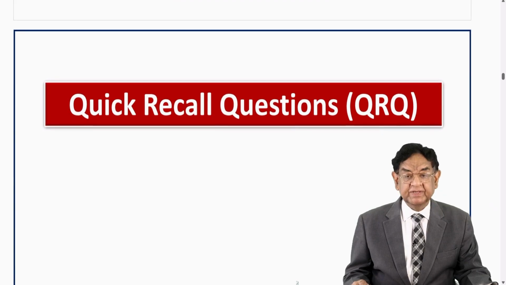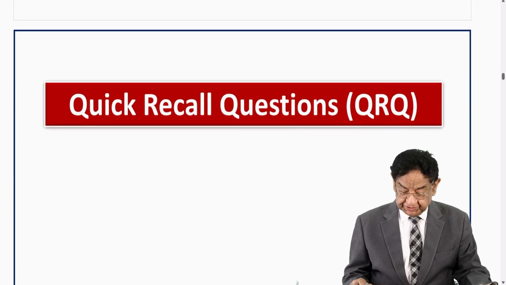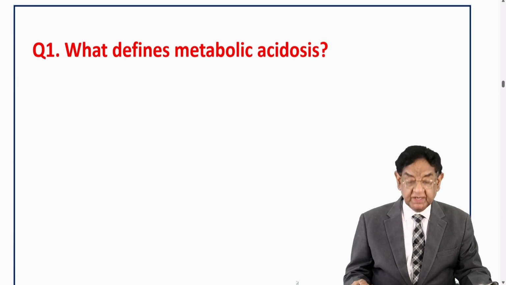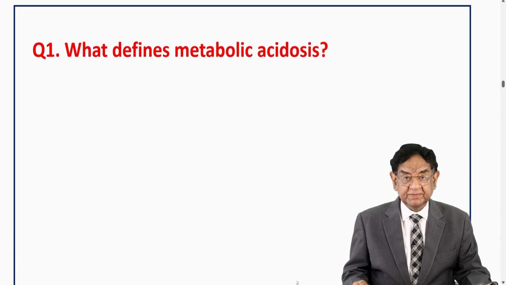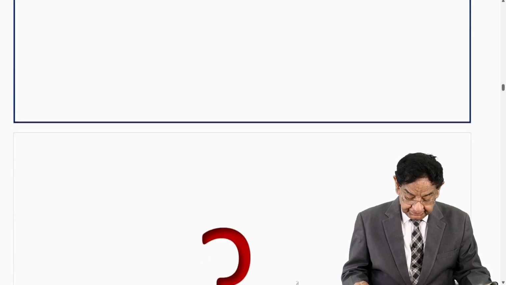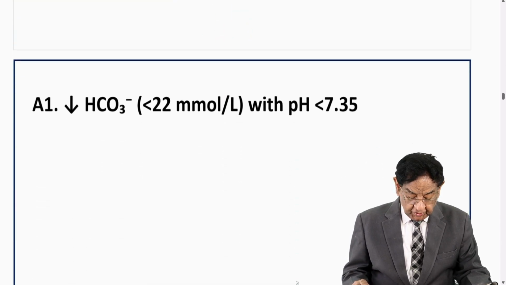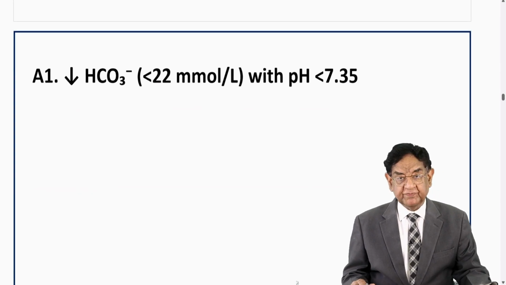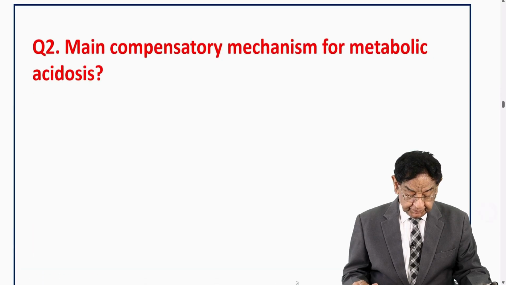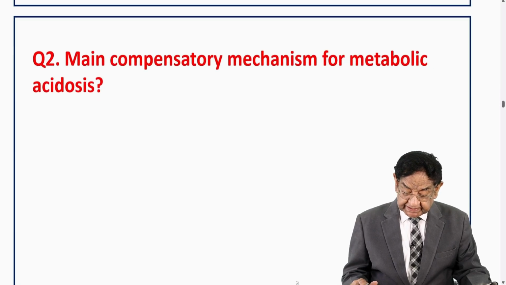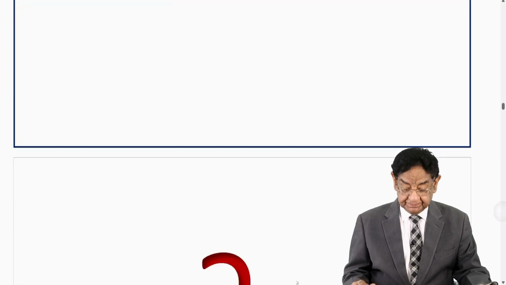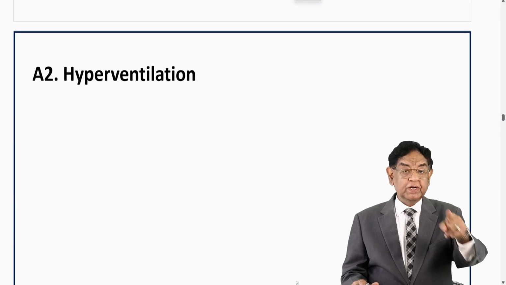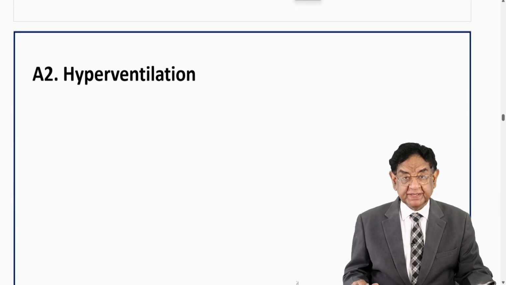So now let's revise the quick recall questions. Okay, now you have to answer it. Well, what is the answer? Answer is low bicarb and pH less than 7.35. Main compensating mechanism for metabolic acidosis: hyperventilation, so-called Kussmaul breathing.